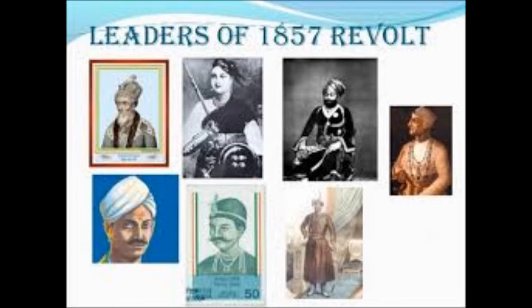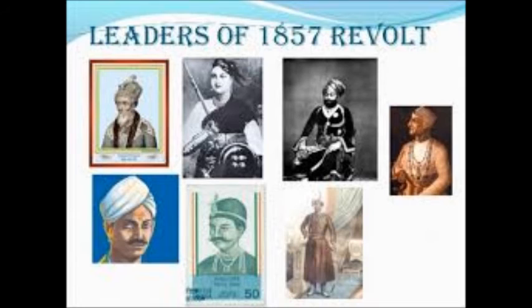Whenever questions come about the revolt of 1857, somewhere in your answer you should mention this Hindu-Muslim unity factor. Because so many Hindus and Muslims were involved, and together they took a decision to make Bahadur Shah Zafar the emperor, the leader. They had a friendly attitude towards each other.